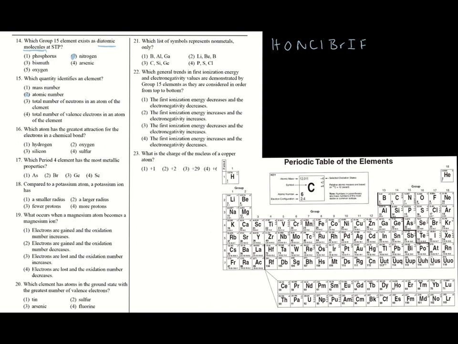Alright, number 16. Which atom has the greatest attraction for the electrons in a chemical bond? So keyword is greatest attraction for electrons. We have to think electronegativity and which one has the greatest. So we're looking for the element with the highest electronegativity. So I like to use, once again, fluorine as our reference point here.